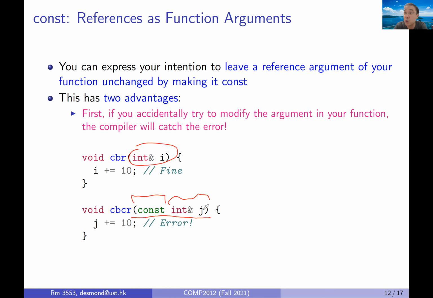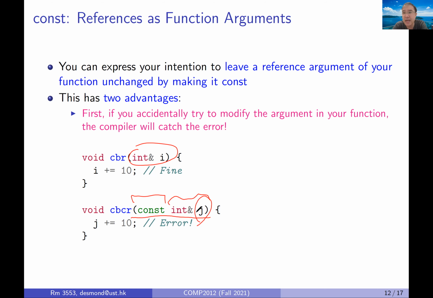This one means you cannot modify the thing referred by J through J. Okay? Wow, I know this is crazy.